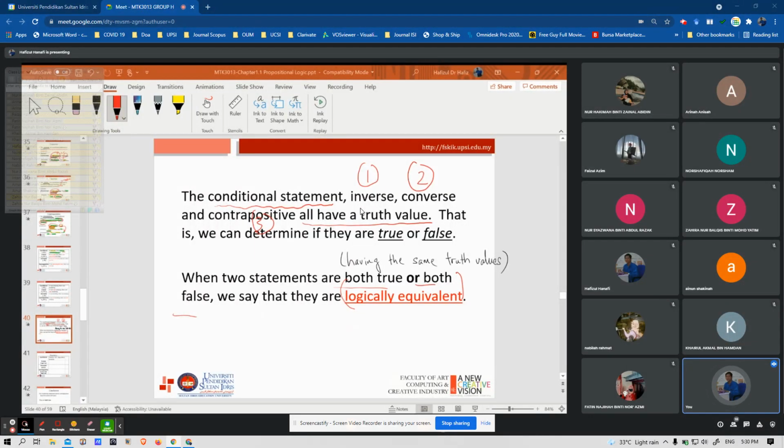Two expressions are logically equivalent provided that they have the same truth value for all possible combinations, which later you will do in the truth table. We are comparing two expressions, and we can say x is equivalent to y, and that x and y are logically equivalent.